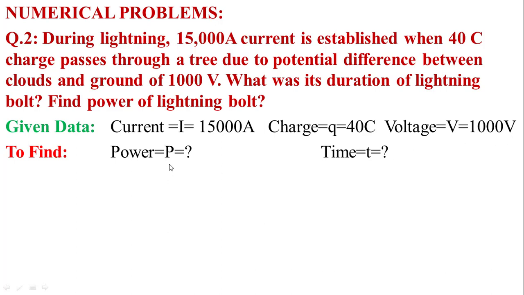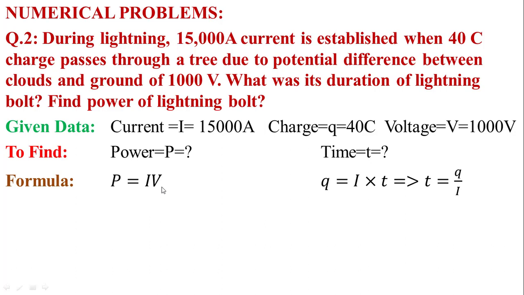We need to find the power and the time, because we are finding the power of the lightning and its duration. Duration means time and power means P. Using the formula P is equal to IV, and for the time, using the formula Q is equal to IT, this implies that T is equal to Q upon I.